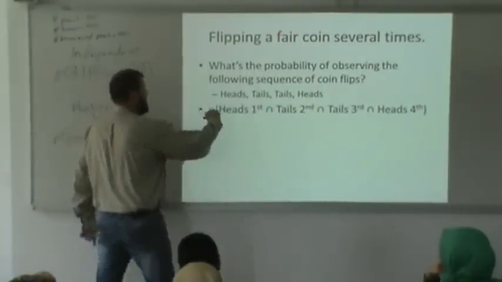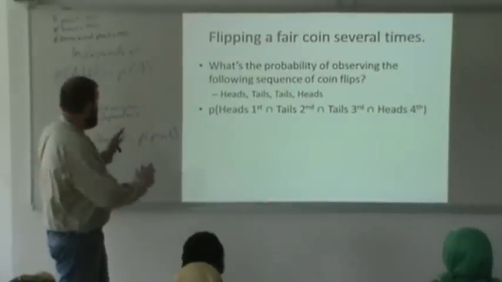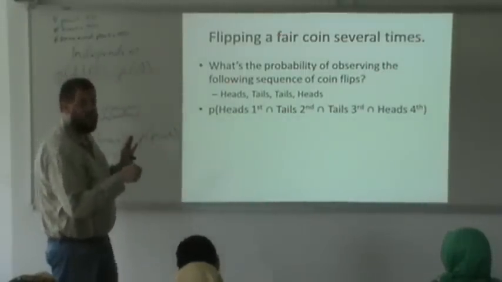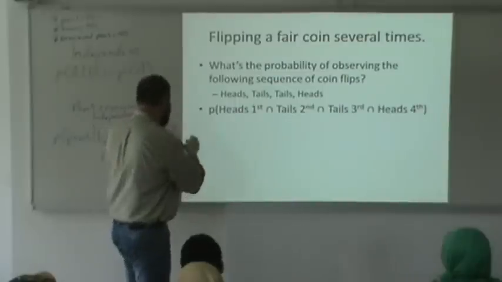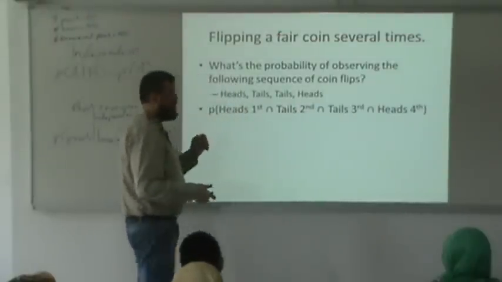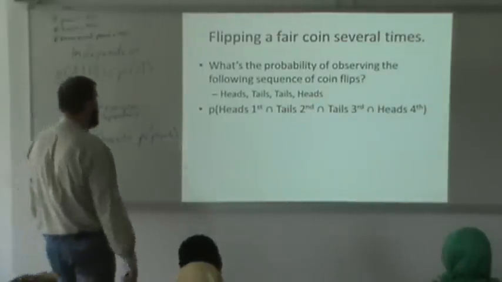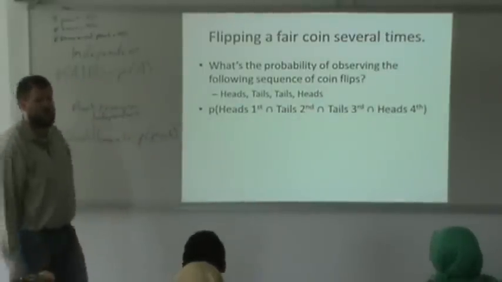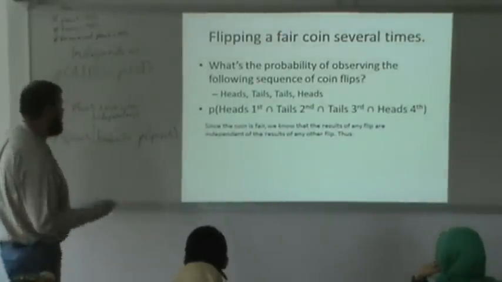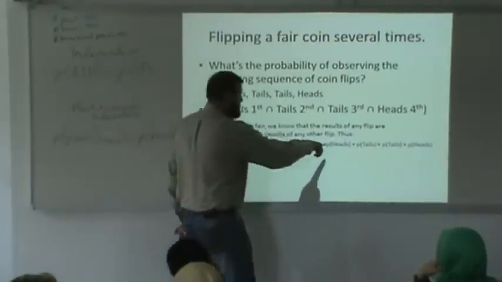What this is really is an intersection of things, right? Probability of getting a heads on the first, intersecting with the probability of getting, or I'm sorry, tails on the second, intersecting with tails on the third, intersecting with tails on the fourth. We will not use a Venn diagram to show that because we would need more dimensions than we have available on our board. Since the coin is fair, we can just do exactly what you guys said, right?